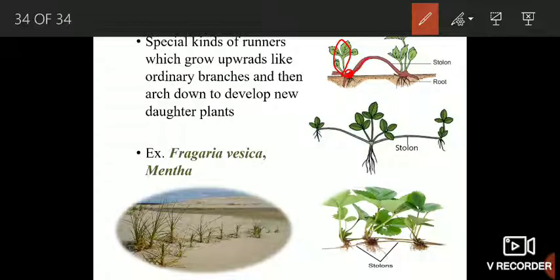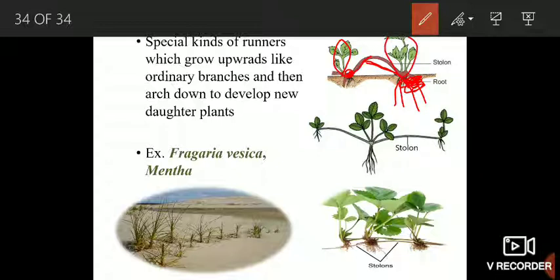First this runner grows upwards like an ordinary branch, and then it arcs down, bends down, gets attached to the substratum soil, and at the place where it gets attached, it forms roots on the below side and shoots on the above side.